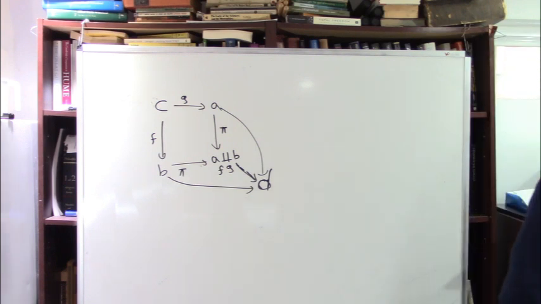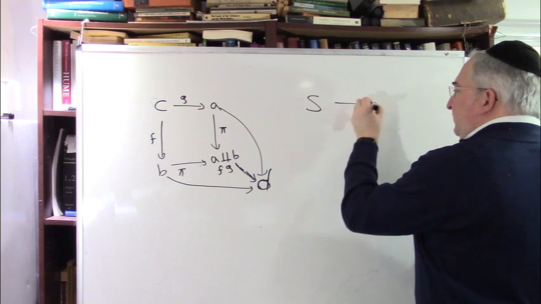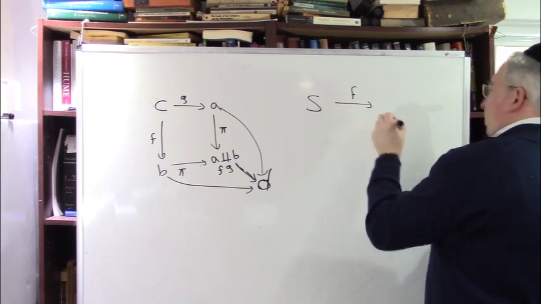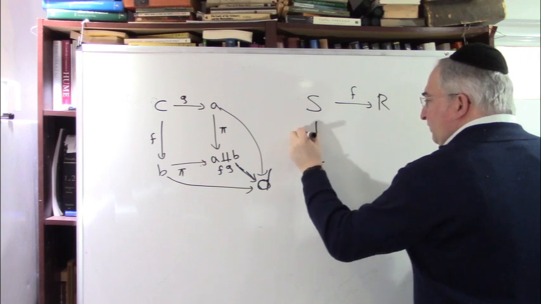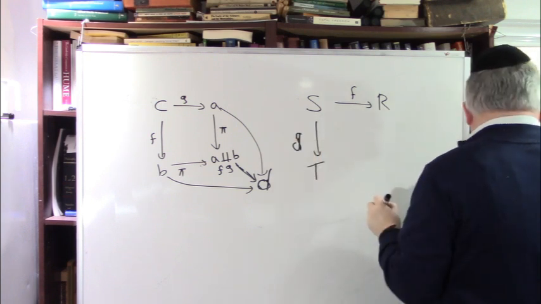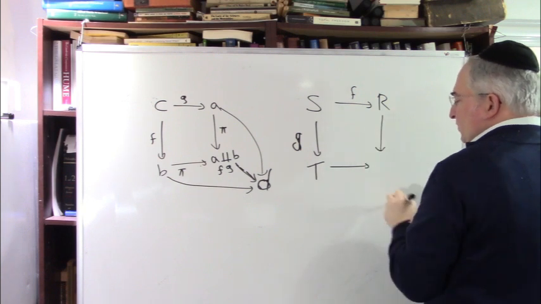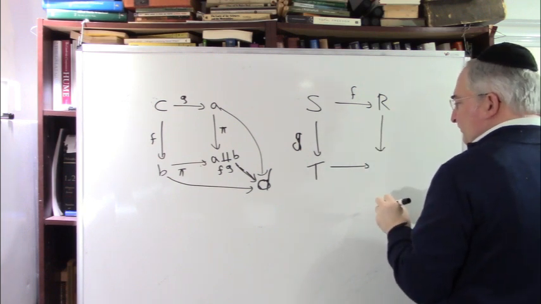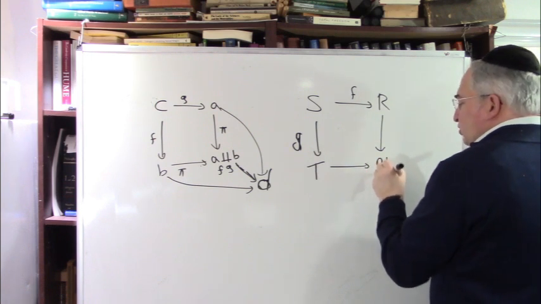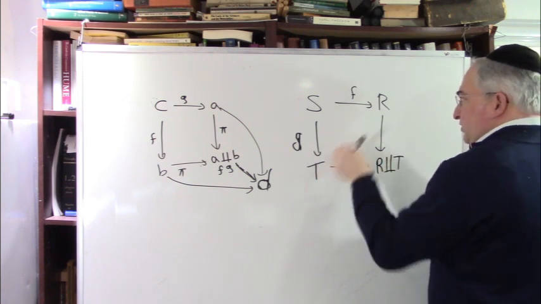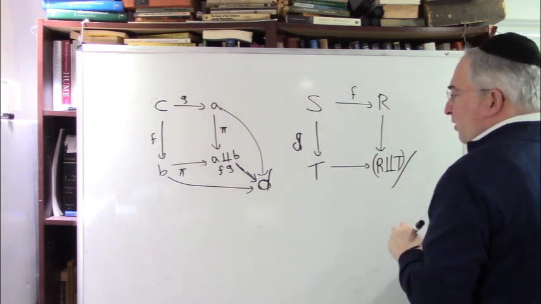Let's do it in terms of sets. If you have S, F, R, T, G, then the pushout of this is as follows. It's R disjoint union with T, subject to the following requirements.